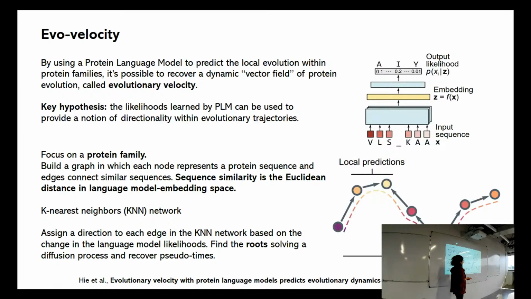You see, this is a sketch of a graph. You see that there are arrows here. The direction of the arrows is given by basically the probability of observing that amino acid there. So suppose I'm a sequence here, I will have some letter in some position, and that letter will have a certain probability for the model.